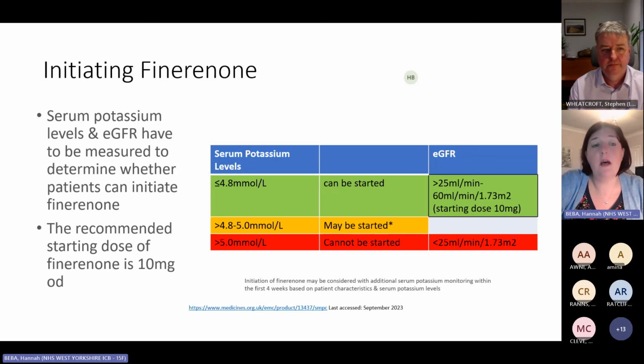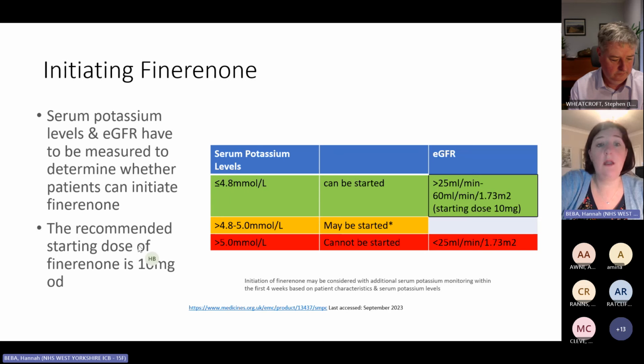Clearly, if you've already got a high potassium, adding in something that's going to raise your potassium is not going to be a great idea. And they've given some reasonably useful targets about what you need to do. So if it's over 5, we wouldn't start. It can be started if serum potassium is less than 4.8 and your eGFR is between 25 and 60.